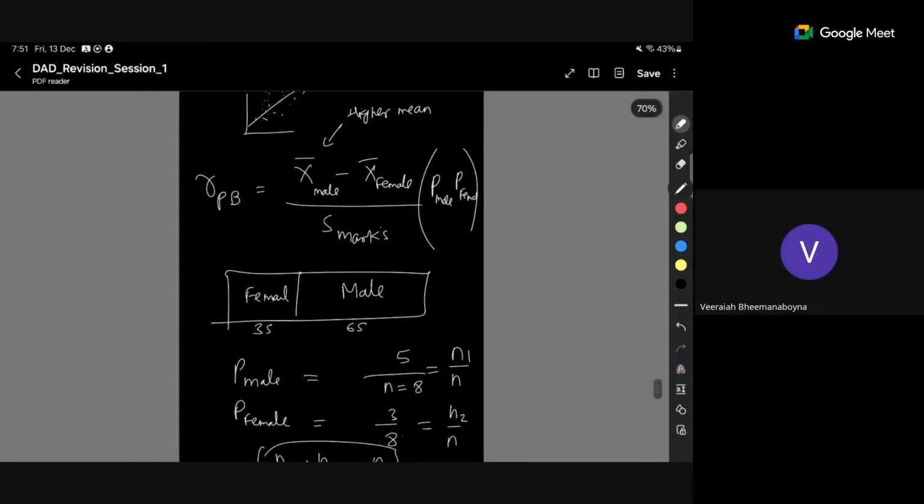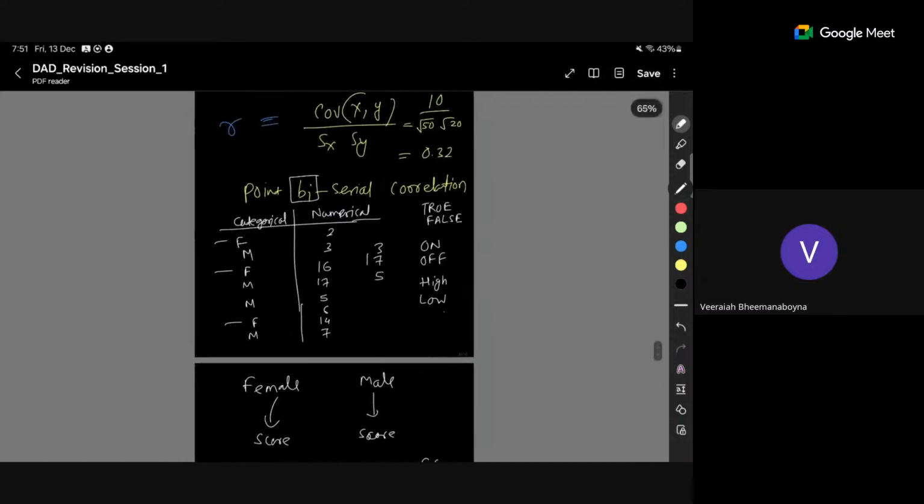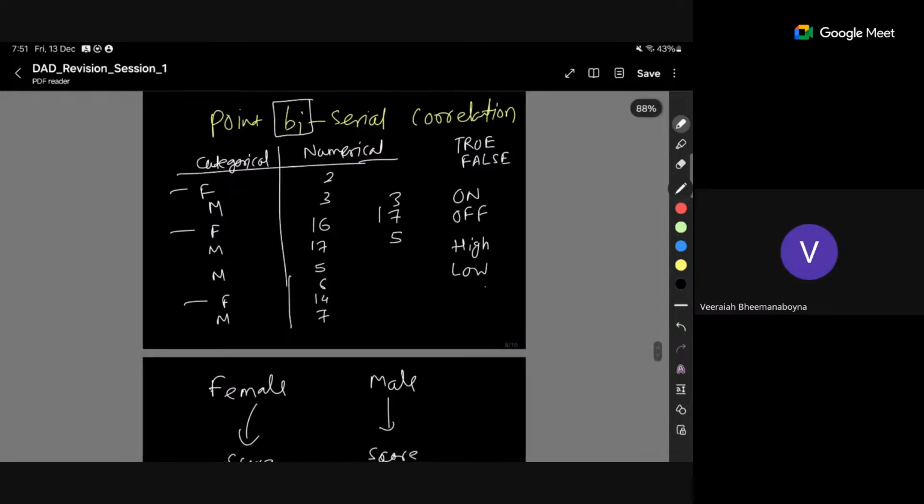Let me count again: 1, 2, 3, 4, 7, right? So I have to find the mean of this, which is 10, then 17 plus 5 is 22, and 32. So 32 by 4 is going to be 8. So 8 is the mean of this.